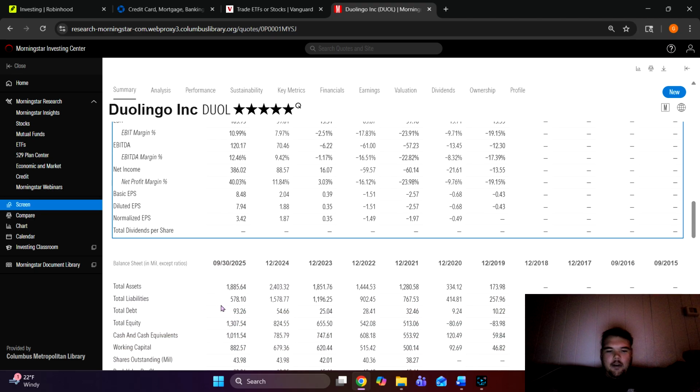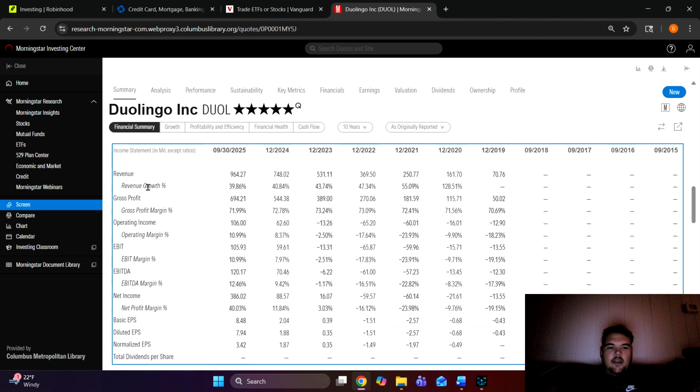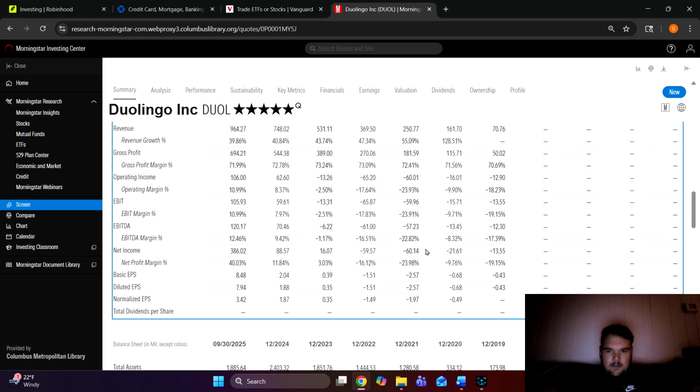I always look at the revenue growth, profit, and net income on the income statement. You don't see this very often, where the revenue is literally doubling every year. Well, not really doubled, but still significant. That is crazy.